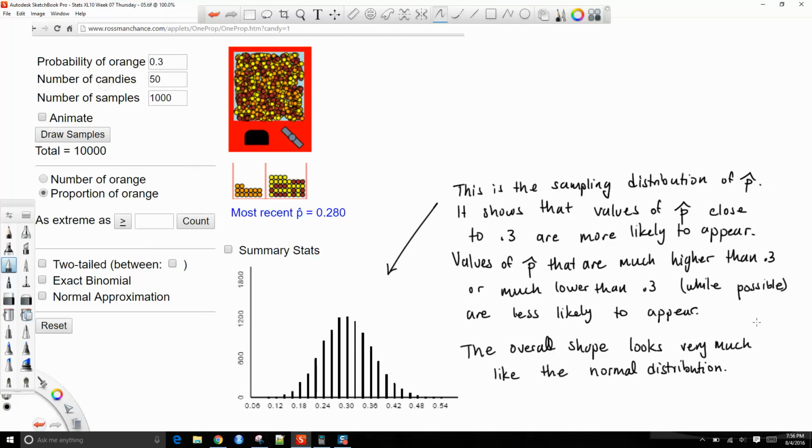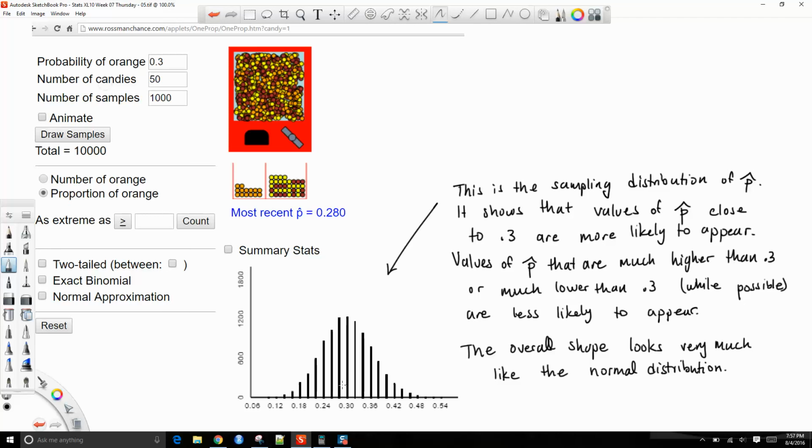Getting this exact distribution is possible, but the math is rather complicated, and we don't want to trouble ourselves with it. So what we're going to say is that we're going to approximate the sampling distribution with the normal distribution. That's going to make our life a lot easier, because we know how to deal with the normal distribution, or at least we should at this point.